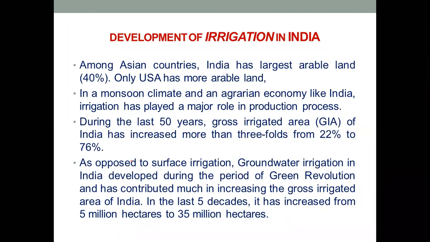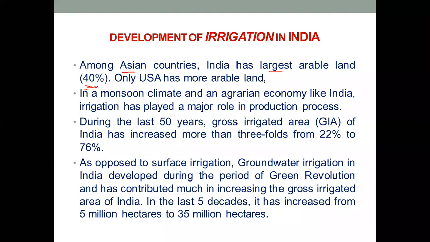some points which were considered for the development was that among all the Asian countries, India has the largest arable land. Okay, that means if you consider the total land mass of India as 100%, 40% of the land mass is used for agriculture or can be used for agriculture.